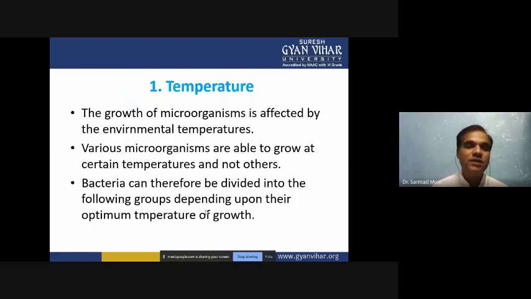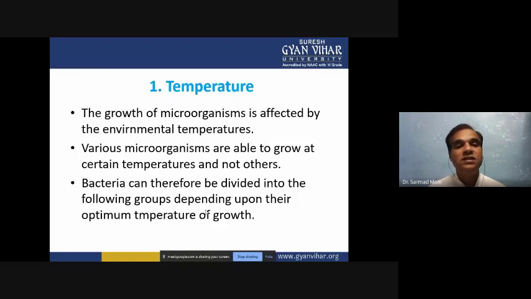We know that microbes require a particular temperature for growth on the food material. If we keep the food material at a low temperature, then we can easily preserve it.